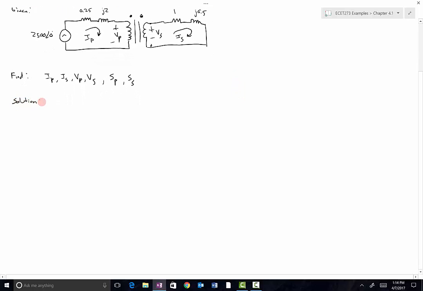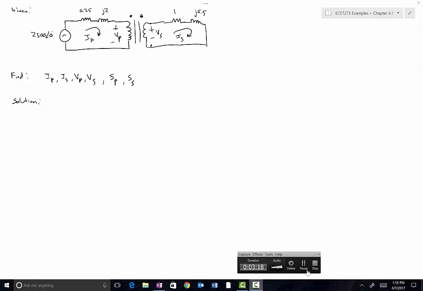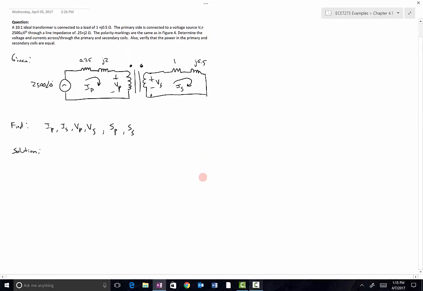The solution method here is to form a system of equations, one for the primary side and one for the secondary side, and then solve those equations simultaneously, so we have multiple variables, multiple equations.